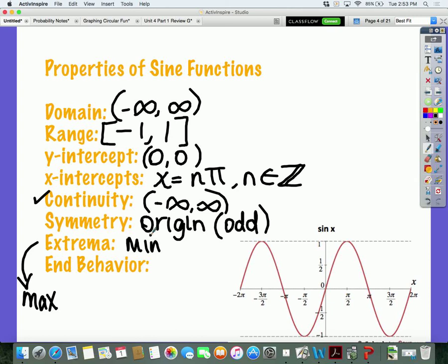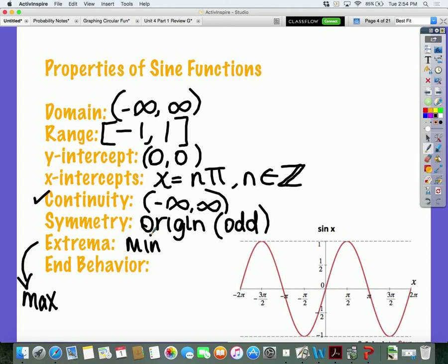Where will my next max occur? If I were to keep going, where will my next max occur? 5 pi over 2. How far away is pi over 2 from 5 pi over 2? It's not just pi.